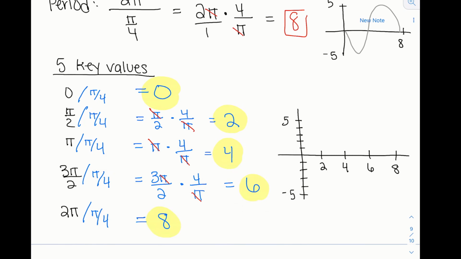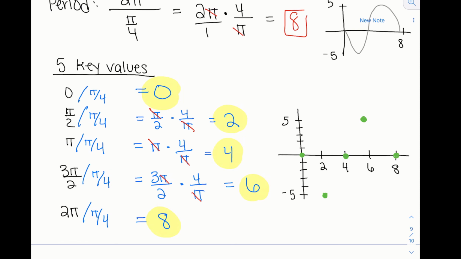Plotting the points, we start with the point (0, 0). Then the next point on our graph is actually (2, -5). The next point is (4, 0), then (6, 5), and finally (8, 0).